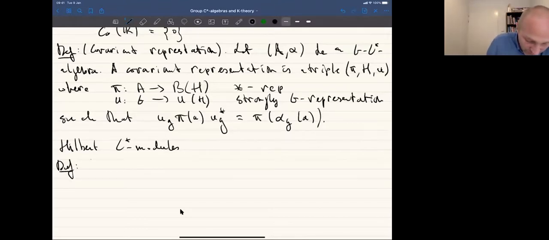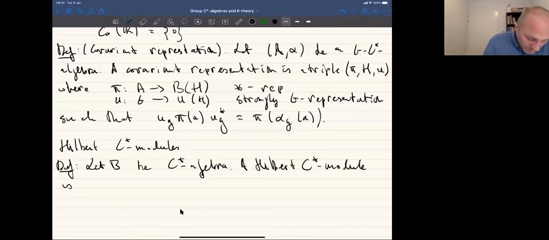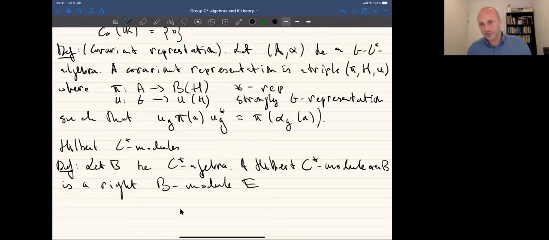So let B be a C-star algebra, then a Hilbert C-star module over B is a right B-module E, so E is some complex vector space that carries a right action of B, which is an algebraic module.